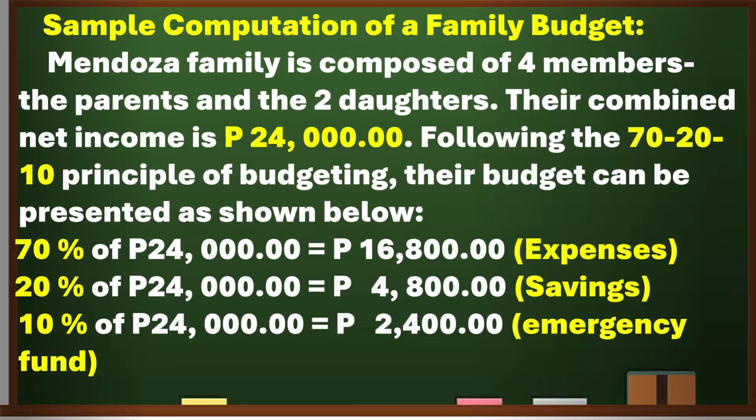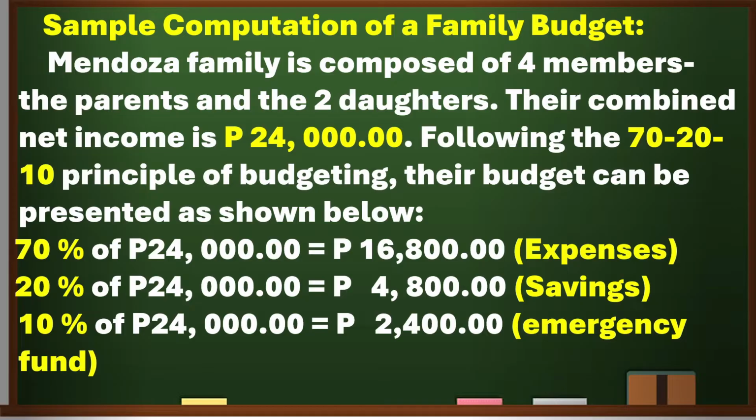Now here is a sample computation of a family budget. Mendoza family is composed of four members, the parents and the two daughters. Their combined net income is 24,000 pesos.